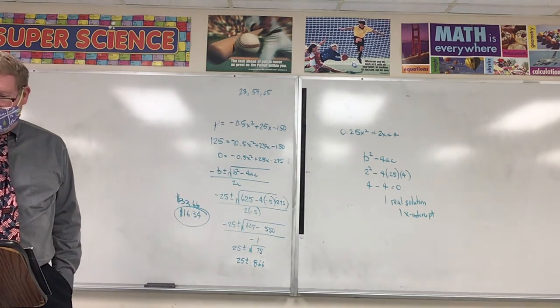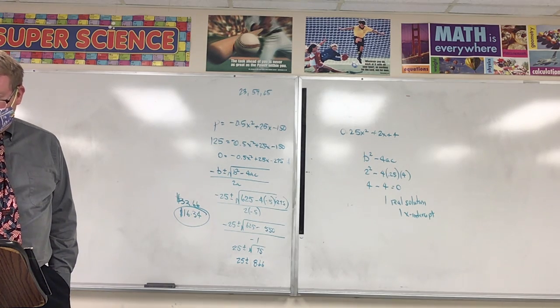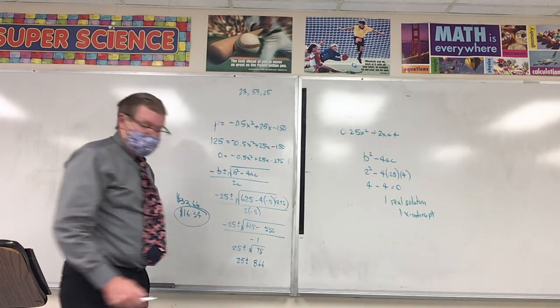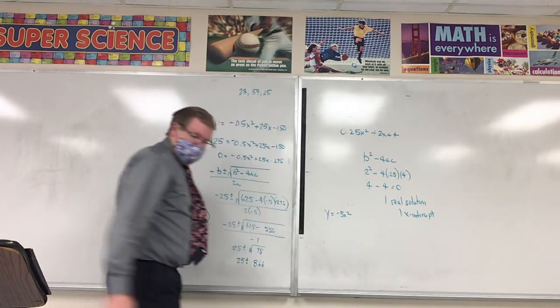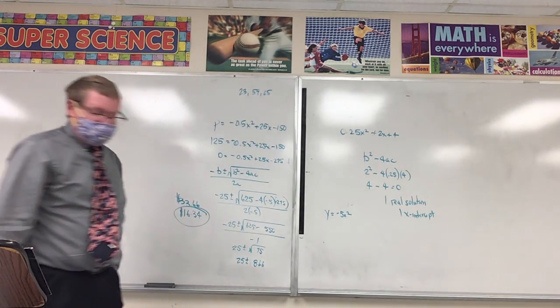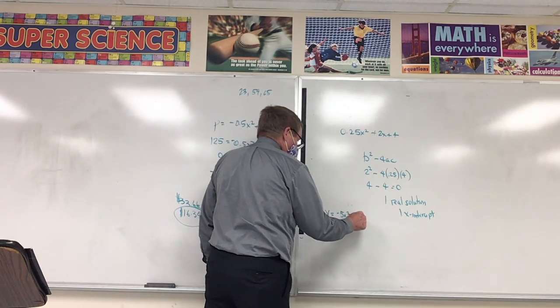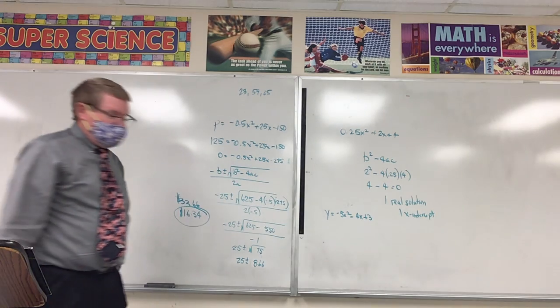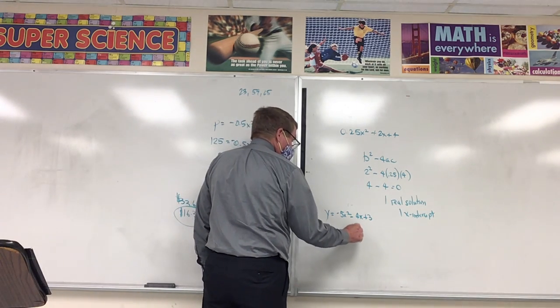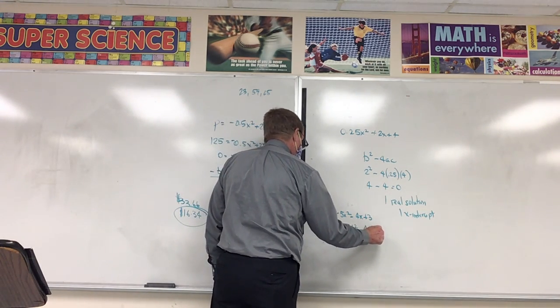And the other one was 65. Y equals negative 5x squared minus 4x plus 3. Again, when you use the discriminant, b squared minus 4ac.